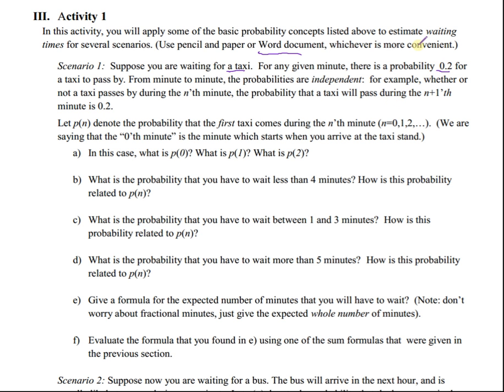So what do we have here? I can draw a number line, and I'm going to number the minutes 0, 1, 2, 3, etc. According to the way I'm labeling this, the 0th minute is the minute here.